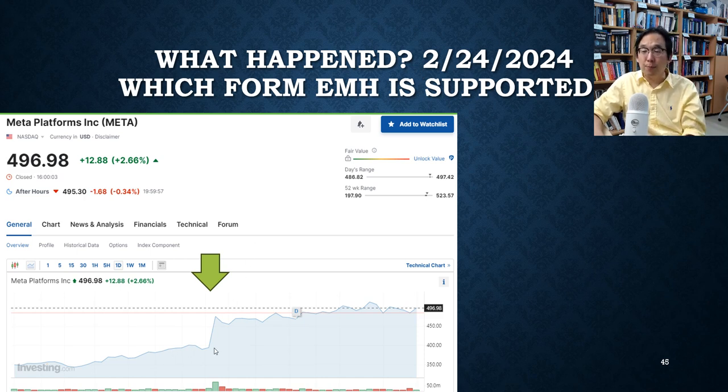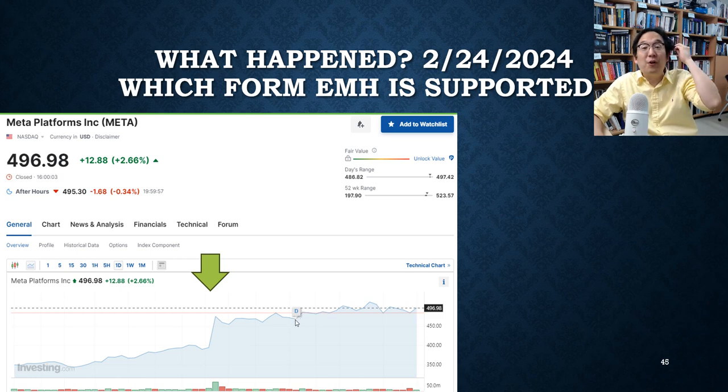The price jumped up from about $400 per share to about $480 per share, which is like 20% up. Holy cow. We are not talking about a small stock. It's Meta, the Facebook, one of the biggest corporations in the whole world. And 20% up. Man, what happened?